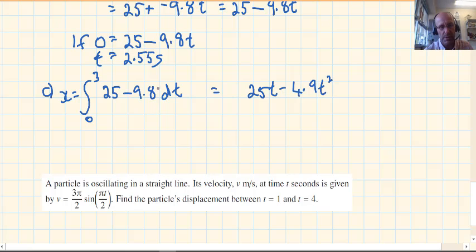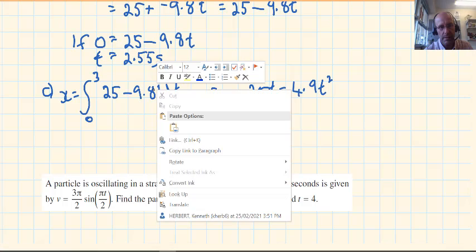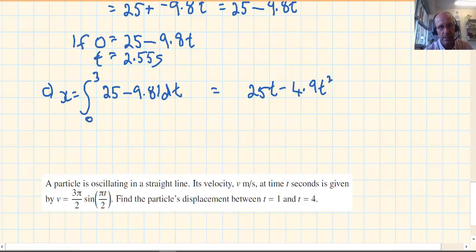Did you spot where I missed my t there? How's that? Alright. Oops. A bit better. And we've got that in our limits between 0 and 3. We can evaluate that as 30.9 meters. So it's changed its position by 30.9 meters.